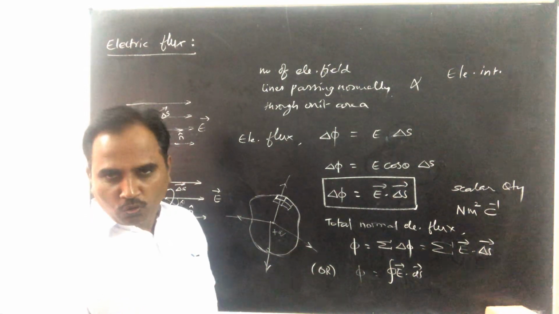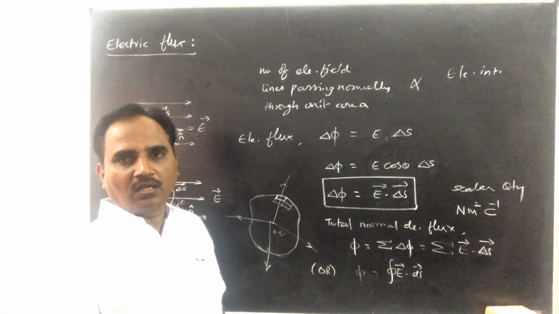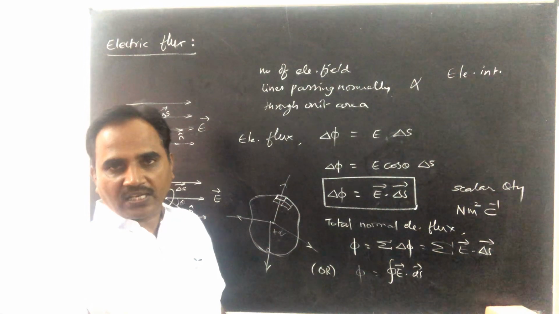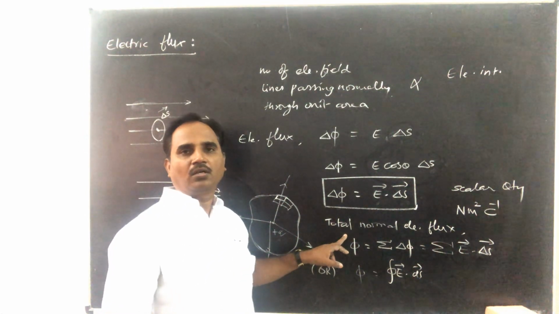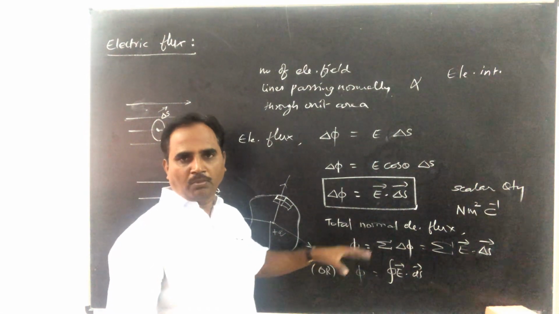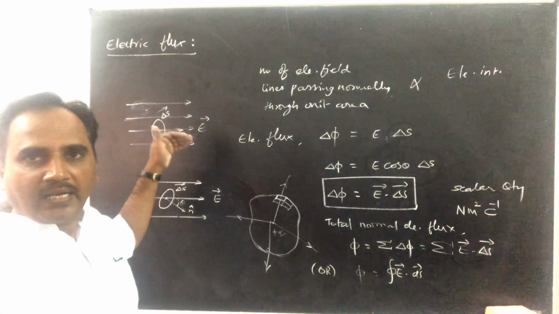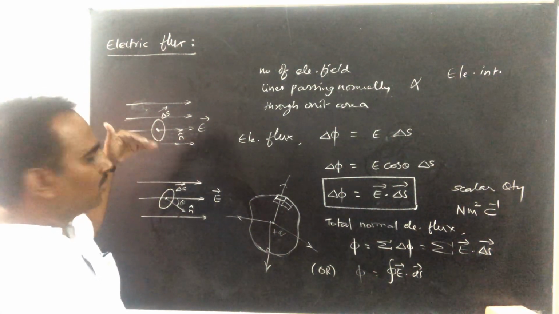We are going to use this expression for total normal electric flux while studying Gauss theorem and its applications, so you remember this term. So this is about electric field lines, properties of electric field lines, and electric flux.